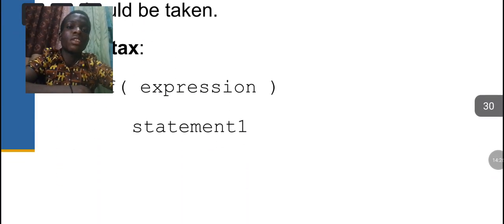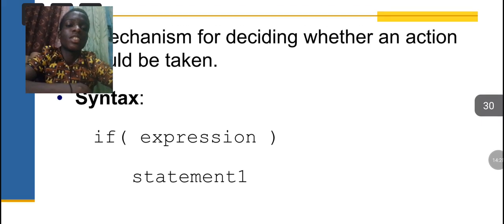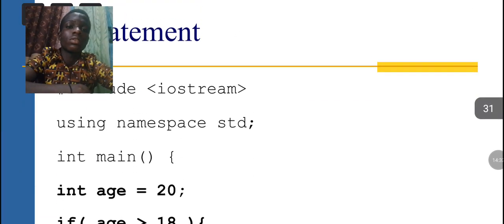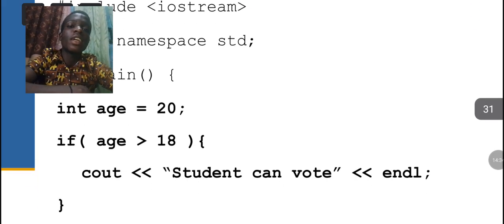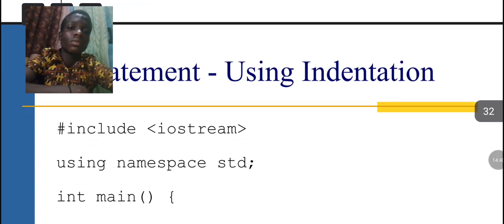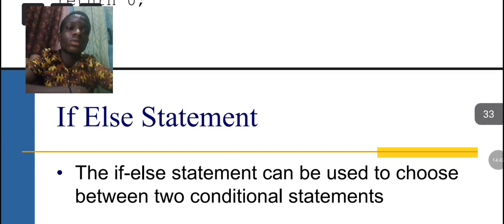For example, this is the syntax with expression, then a statement. So if age is greater than 18, output this, an if statement.